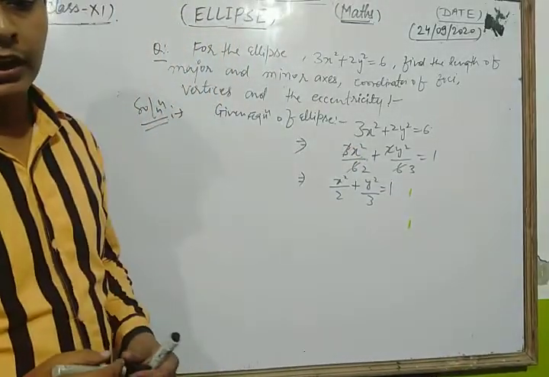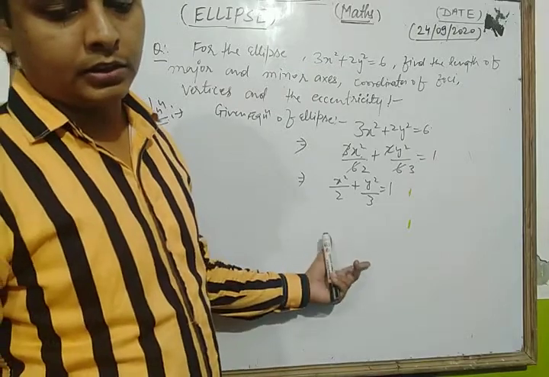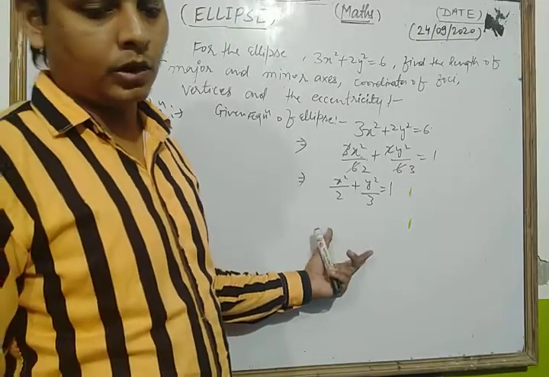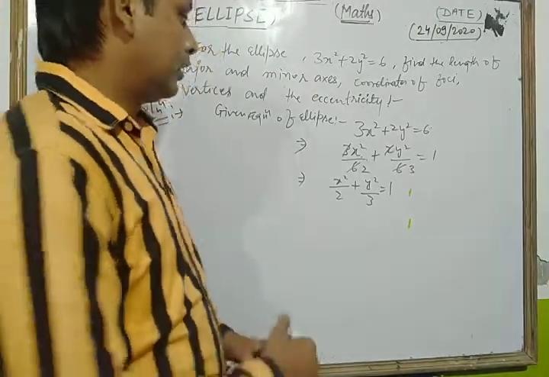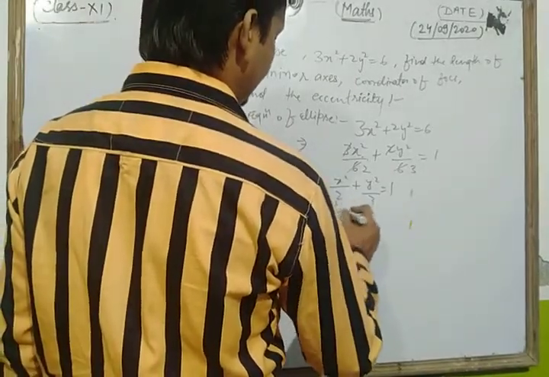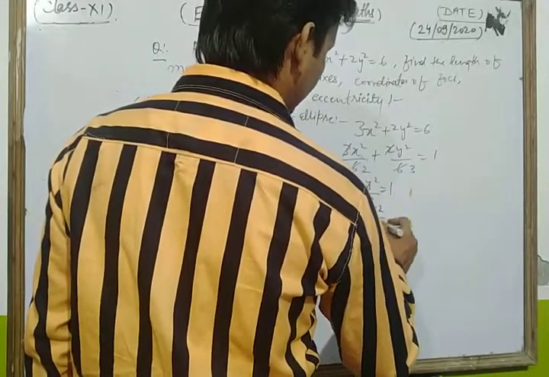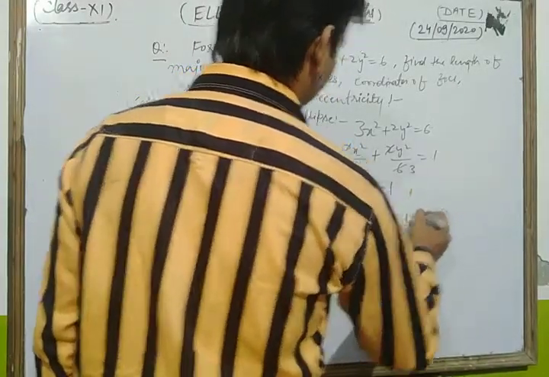We can write the given equation in this way also: x square upon root 2 square plus y square upon root 3 square. Now we take this as equation 1.